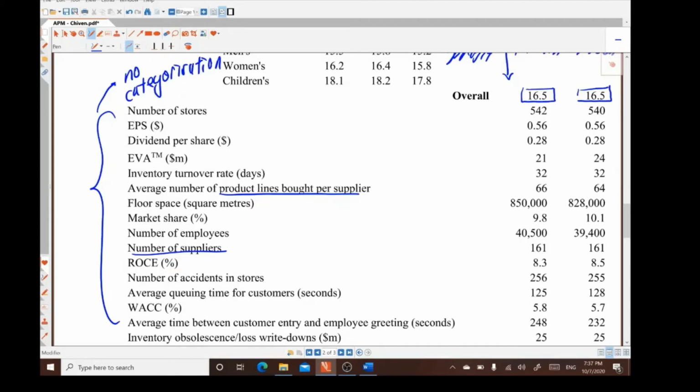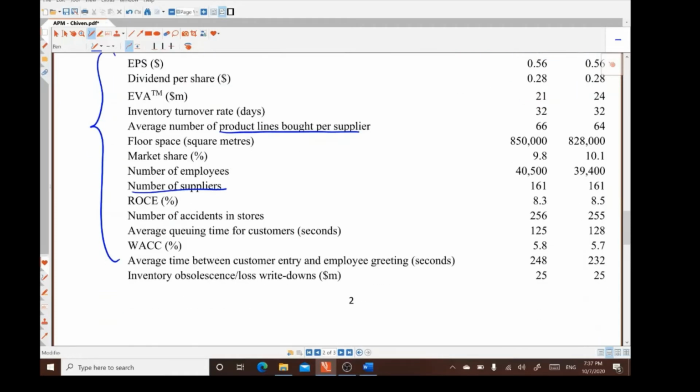When I say the categorizations of the measures, it means it does not actually split or categorize all these measures into different areas such as financial, customers, or things to do with the business operation. So far, it is short of all these categorizations. And as a result, we should include these as part of the evaluation of the performance report.